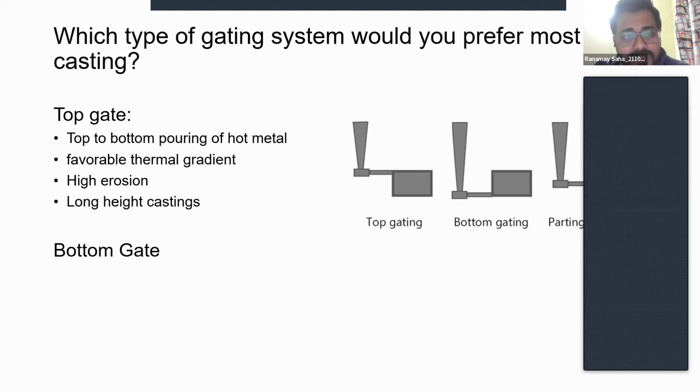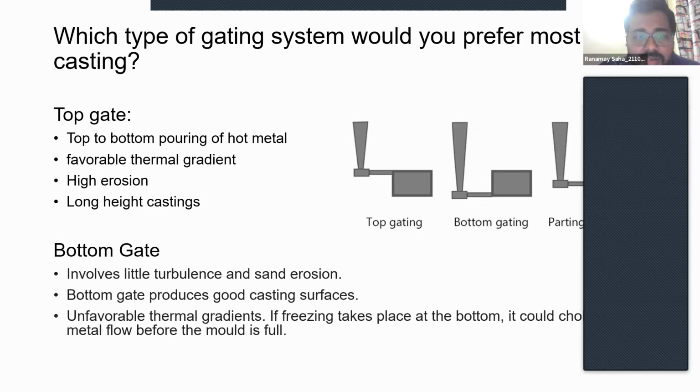So there are some defects arising out of that unfavorable thermal gradient. Before the inside part is solidified, the circumference gets solidified because we are pouring from the bottom, and the bottom is always in touch with the ambient.